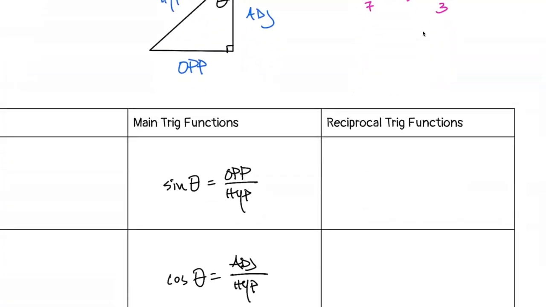And so using that definition, what is the reciprocal of opposite over hypotenuse? If all I did was write the reciprocal of that, what would I write?